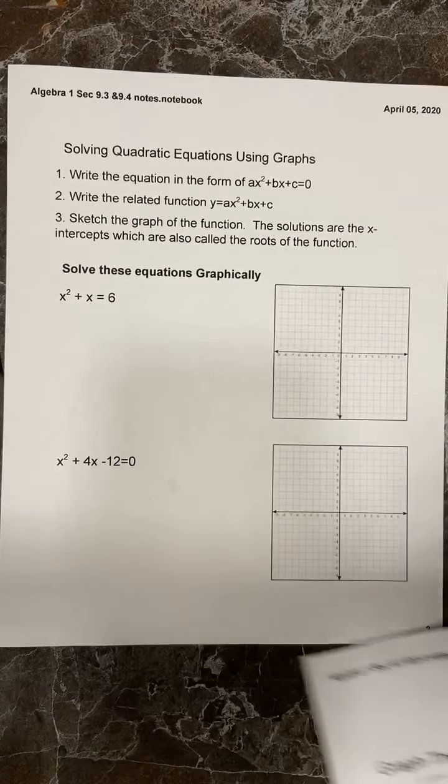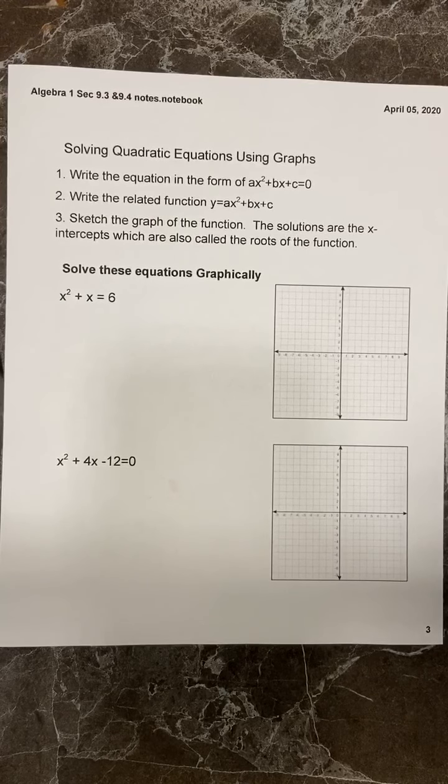Now we can also use the graph to be able to solve the equation. All right, and so solving a quadratic equation using the graphs, first thing we do is write the equation in the form ax squared plus bx plus c equals 0. And then once we have that format, we graph it just like it was y equals ax squared plus bx plus c.